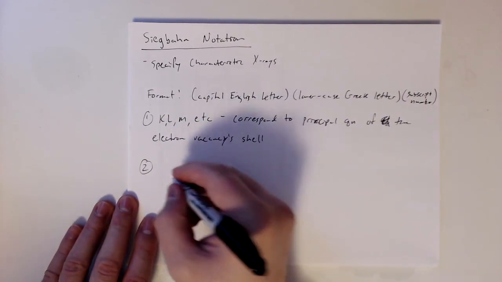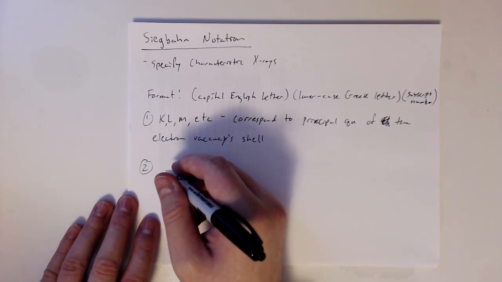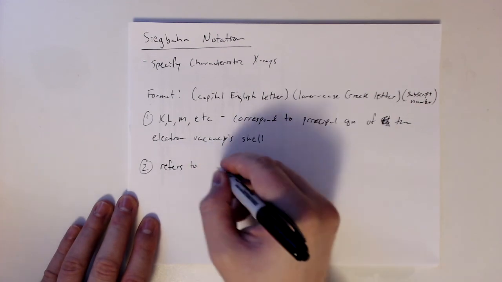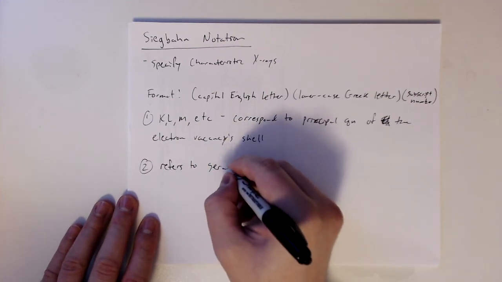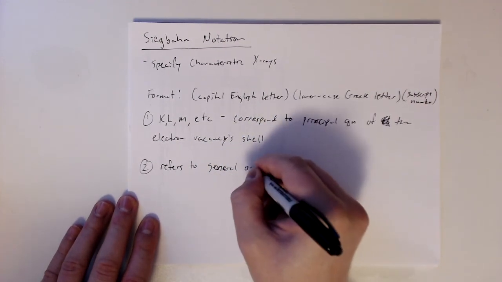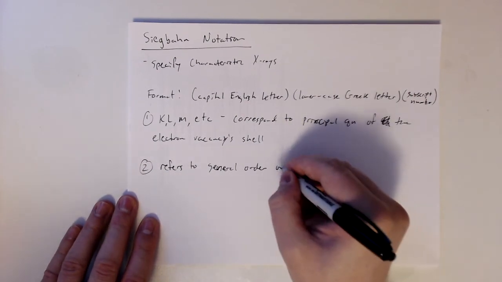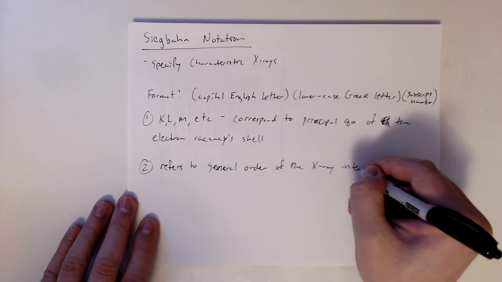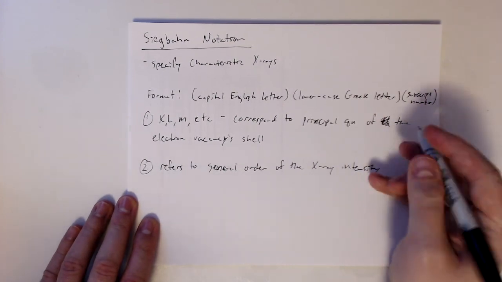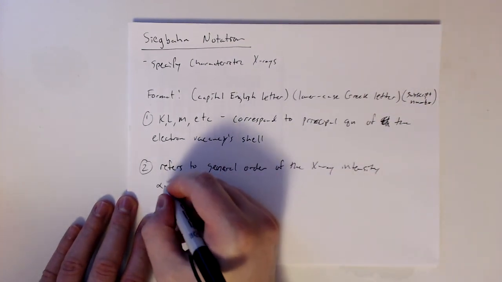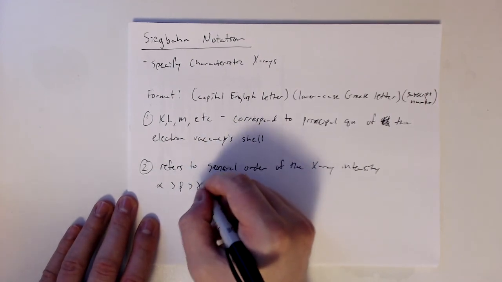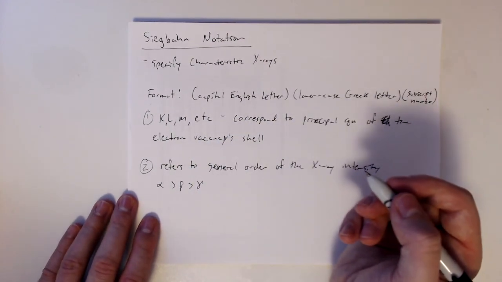Secondly, the lowercase Greek letters. So this refers to the general order of the X-ray intensity. So we have alpha as the greatest intensity, followed by beta, followed by gamma, and so forth.